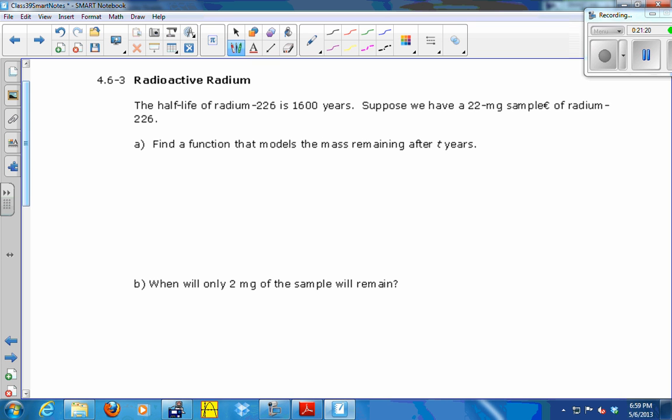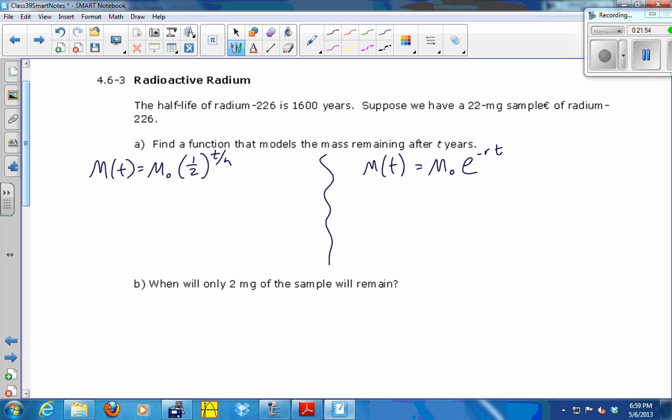So I have two equivalent formulas. I could use m of t equals m0 times 1/2 to the t over h. That's the one we've been working with so far. Or I could use this other one that we just showed as equivalent, m0 e to the negative r t. Since they gave me half-life, I'm tempted to use this one that has half-life in it.